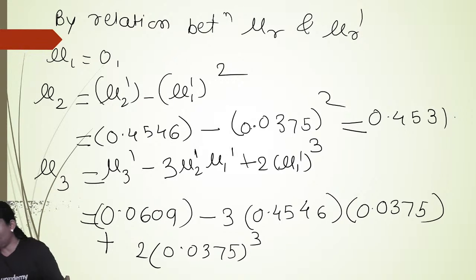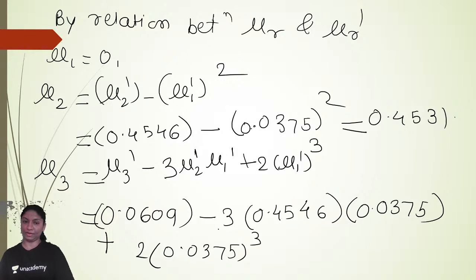After calculating all these values, you will get mu3 as 0.0098. In exactly a similar way we can calculate the value of mu4.